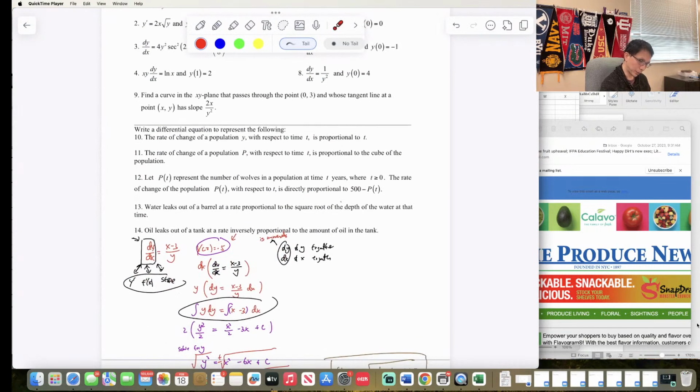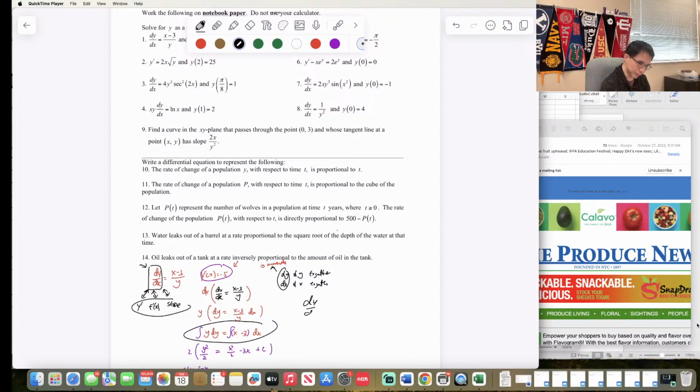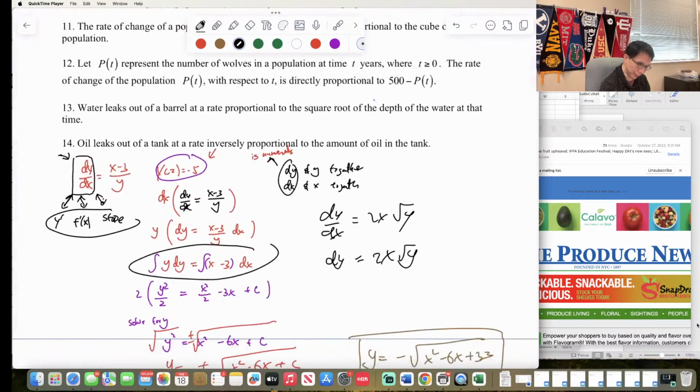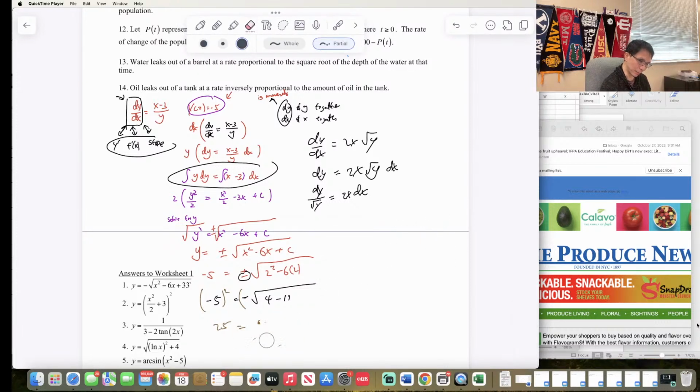I'm going to go ahead and do the second one. So instead of y prime, I'm going to say dy/dx is equal to 2x square root y. So dy equals 2x square root y dx. And then I'm going to divide it to the other side, so it'll be dy over square root y equal to 2x dx. If you guys already finished this, great.